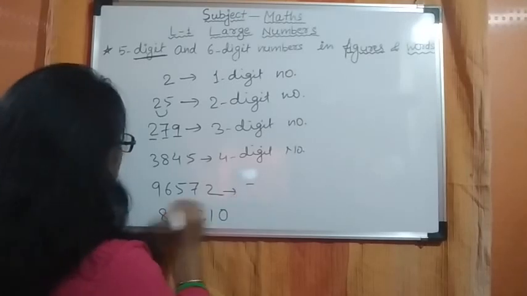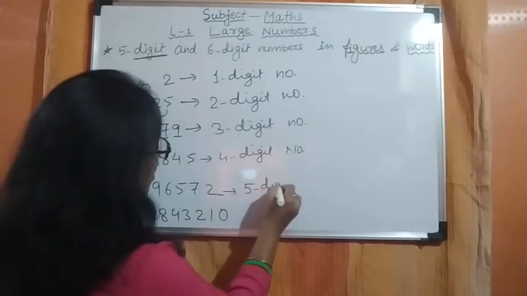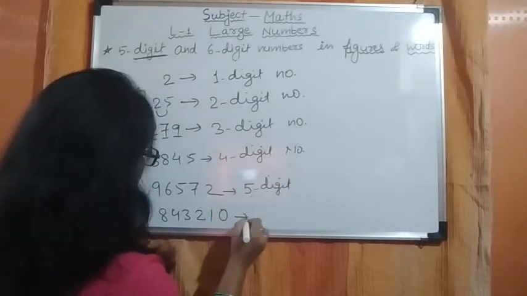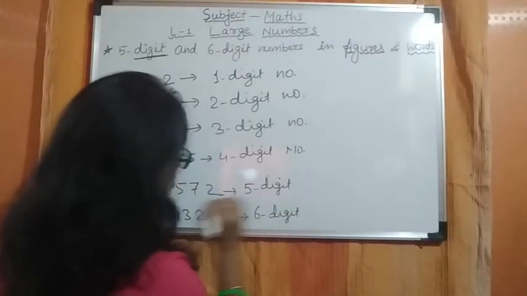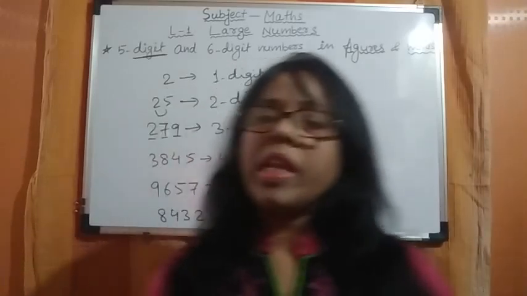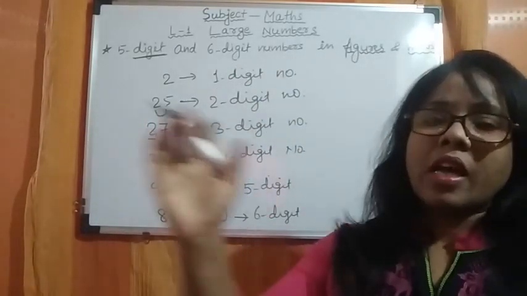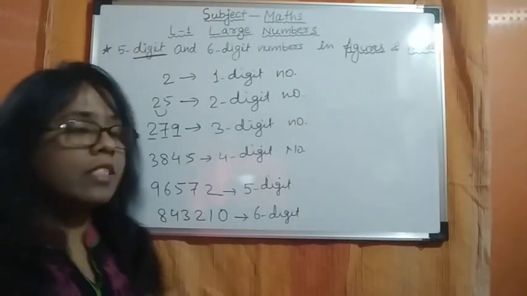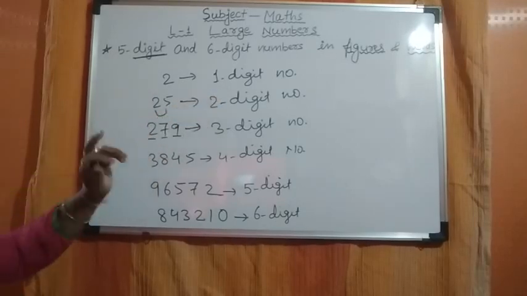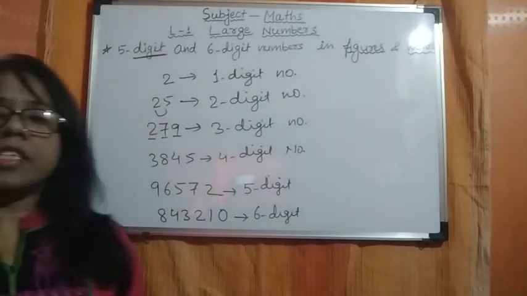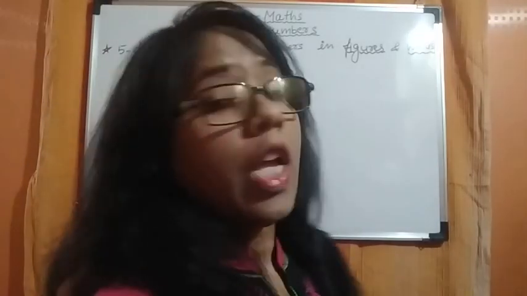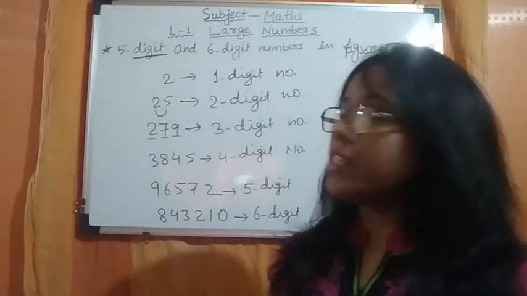Here this is 5-digit and this is 6-digit number. So you got what is the meaning of digit. How many numbers are there in a number? That is the digit. One number, 1-digit number, two numbers, 2-digit number, three numbers, 3-digit numbers, like that. So we know about what is digit.